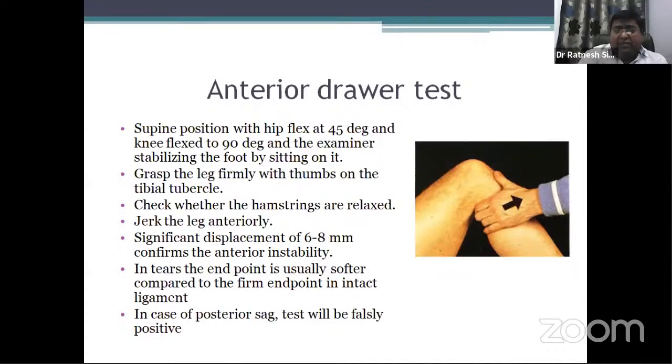Patient should be relaxed before any examination. Jerk the leg anteriorly. Significant displacement of 6 to 8 mm confirms anterior instability. In tears, the end point is usually softer compared to the firm end point in an intact ligament. But in case of posterior sag, the test will be falsely positive.